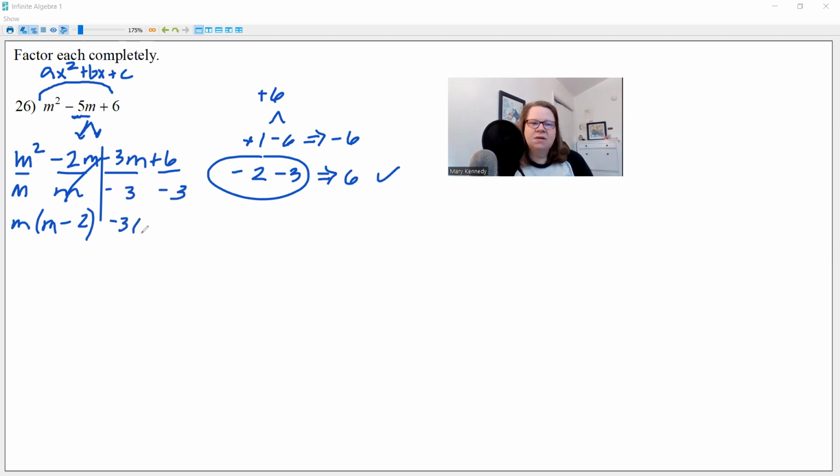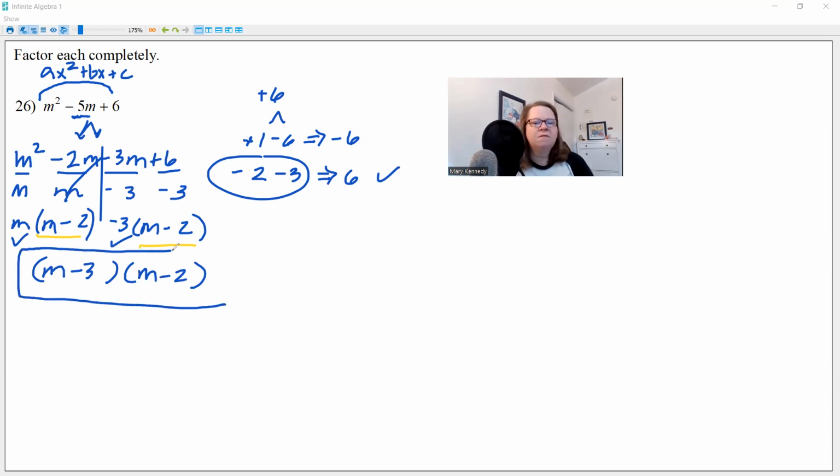So minus 3 times m, and then 6 divided by negative 3 is negative 2. All right, we're on track. I know that because I've got the same thing in both parentheses. So that's a good sign. Now I've got my two sets of parentheses, and the numbers out front go in one, and then whatever was in parentheses already stays there for the other one. Okay, so this is the factored form of this original problem.